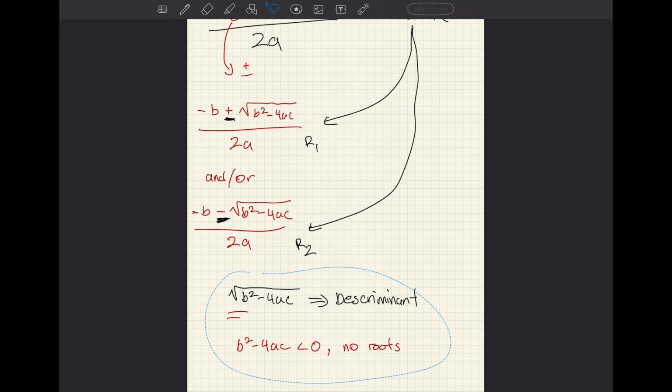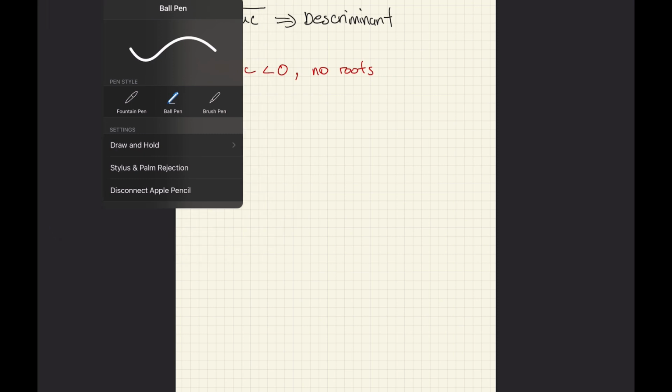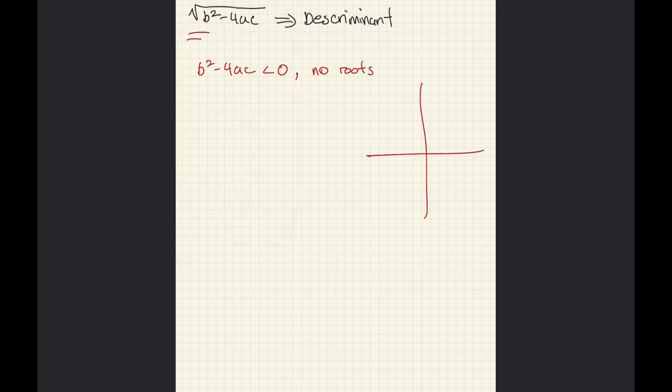So if we move this to a new page, what this means is if we were to graph it, the line might look something like this. So it doesn't actually pass the x-axis.